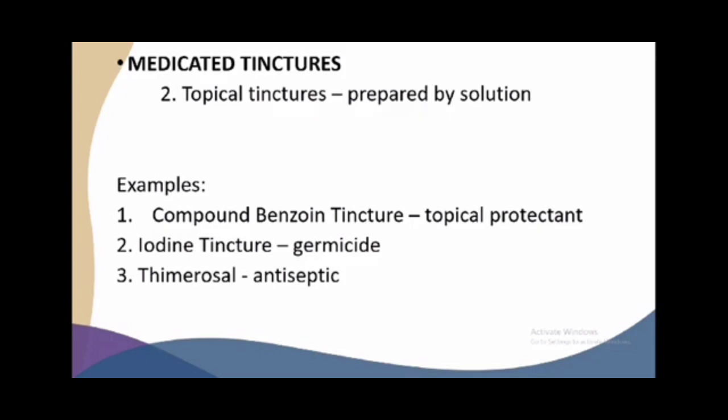Another example is the iodine tincture, which is used as a germicide, a substance which can kill germs. Lastly, another example is thimerosal, which is used as an antiseptic which can help to prevent the growth of microorganisms on the skin.